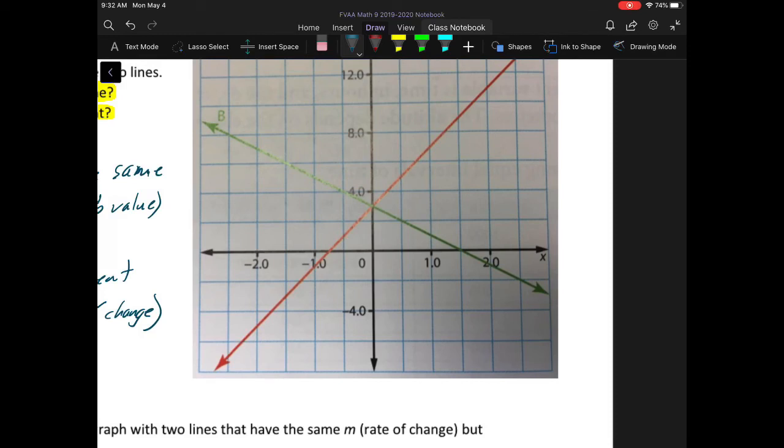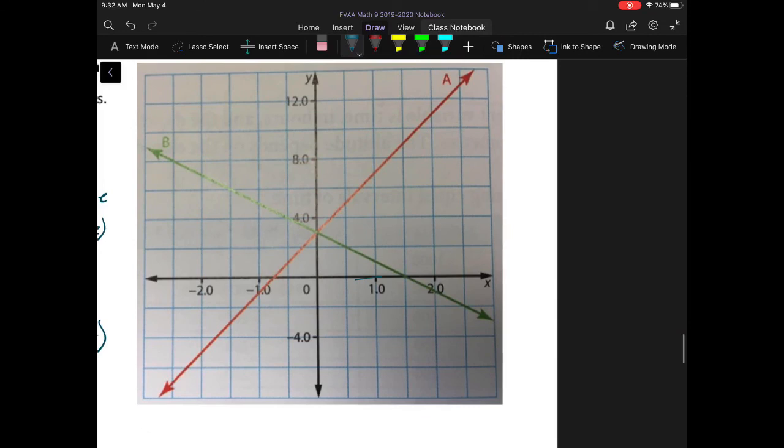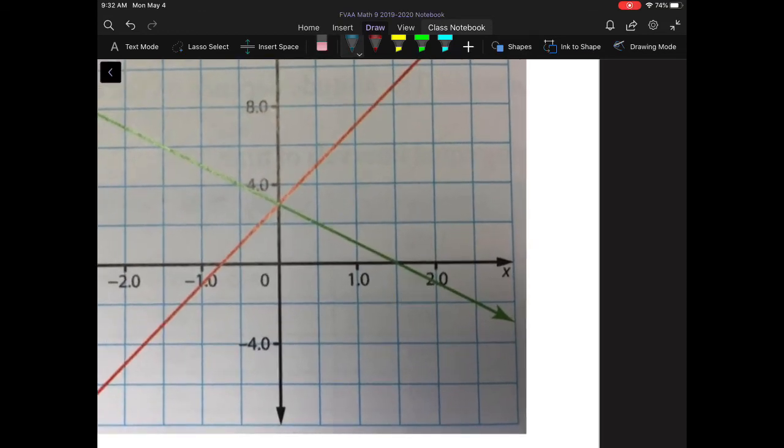But for the red line, as the x values increase, the y values also increase. When x is equal to 1 for the red line, y is equal to 7, and when x is equal to 2, y is equal to 11. But for the green line, when x is equal to 1, y is equal to 1, and when x is equal to 2, y is equal to -1. So they're decreasing. They have a different rate of change.